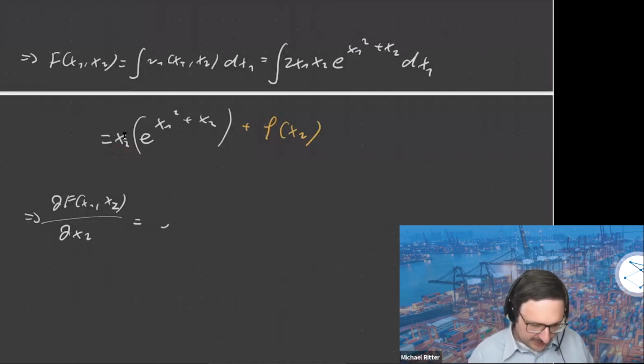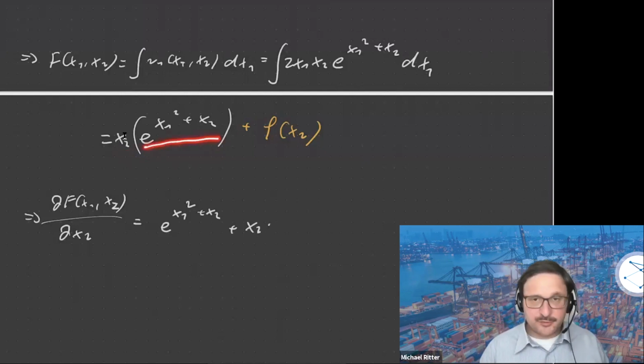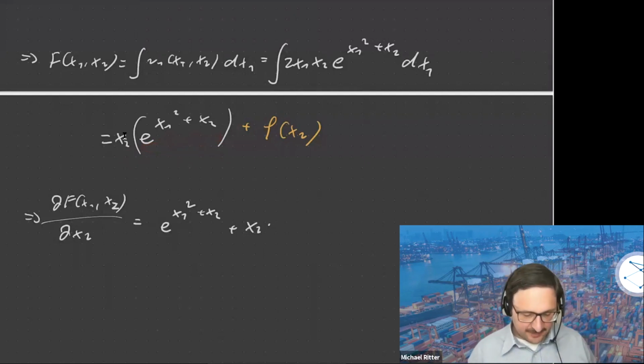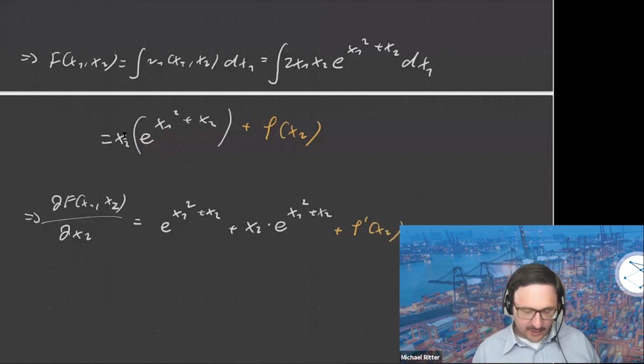That's 1, and we're left with just the expression e to the x1 squared plus x2. And next, let's differentiate this expression, keeping this x2. So we get x2 times, differentiating this with respect to x2 just yields the same function again, so e to the x1 squared plus x2. Okay, and then there's this phi, and of course we get phi prime of x2 if we differentiate that with respect to x2.